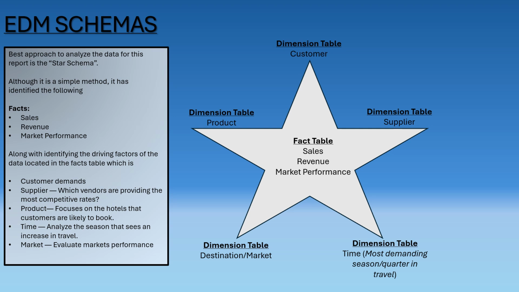Now, the best approach I've selected for Priceline is the star schema. Although it is a simple method, it has identified the following: the fact table, which consists of sales, revenue, and market performance, along with identifying the driving factors of the data located in the fact table, which are customer demand; supplier, which vendors are providing the most competitive rates; product, which focuses on hotels that customers are likely to book at; time, which analyzes the seasons that see an increase in travel; and then market.